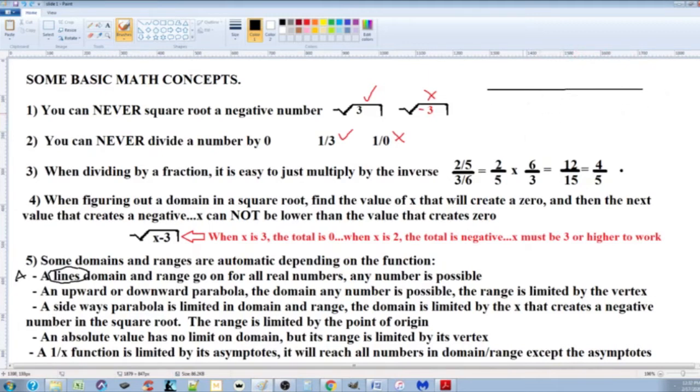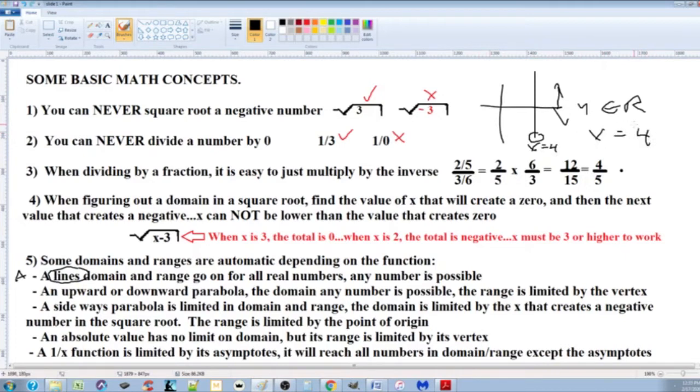A vertical line's range can be forever. See any y value up and down here. Any y value exists. So y can be anything. But x is limited by wherever that line starts on the Cartesian graph. So if x was over here at 4, then x is limited in its domain by 4.